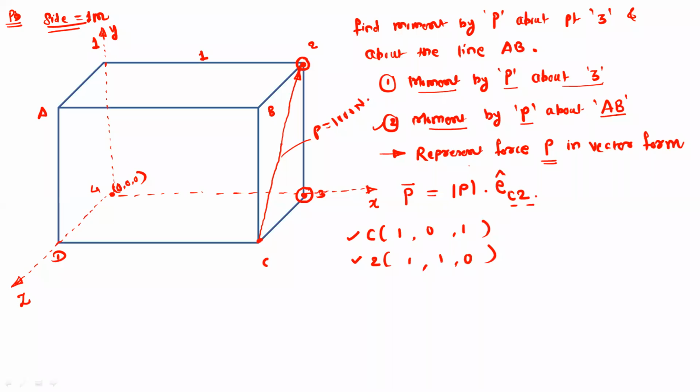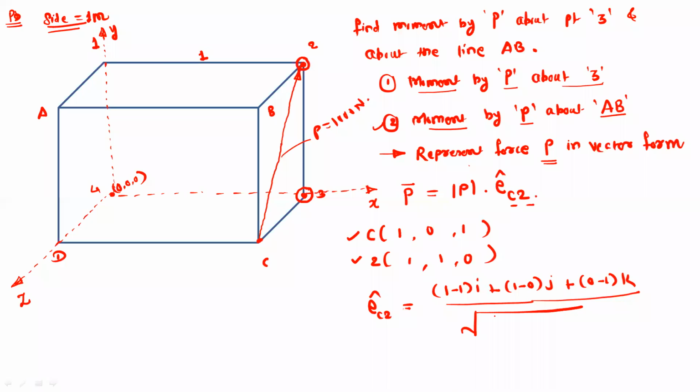Now find out this unit vector. So the unit vector C2 cap is equal to 1 minus 1 into i plus 1 minus 0 into j plus 0 minus 1 into k, divided by the square root of 0 plus 1 squared plus minus 1 squared.